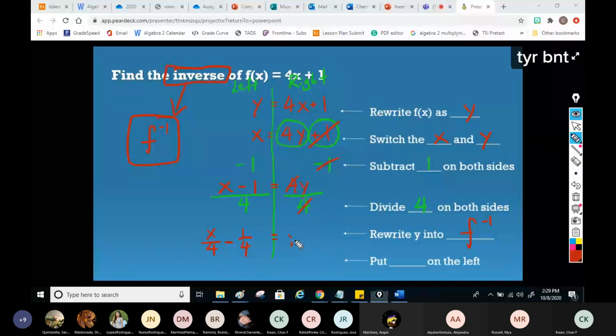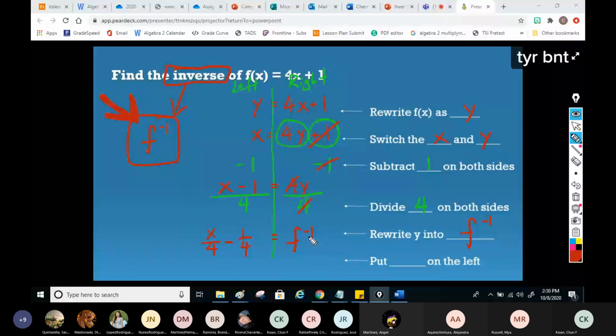Let's just say there are some aliens from Mars and they don't read English, but they can read math. Math is a universal language. So this would be the way that they say the word inverse. You will use the tiny letter f and then put a -1 on the upper right.